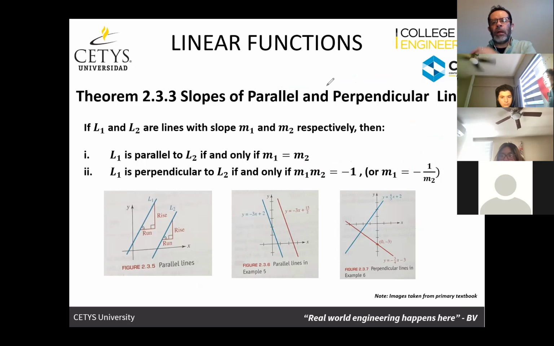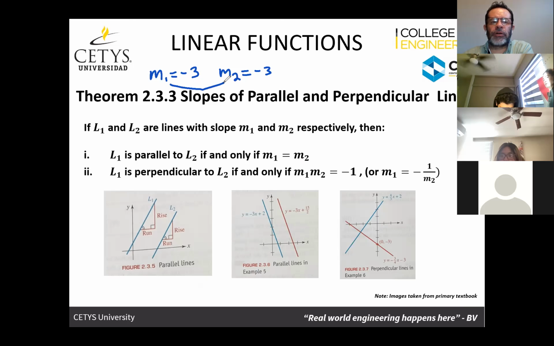Give me a negative number so we can see your example. Give me -3. So let's assume that M1 is -3, Leo. Now, what would be the slope of a line parallel to that one? It would be M2 equals -3.